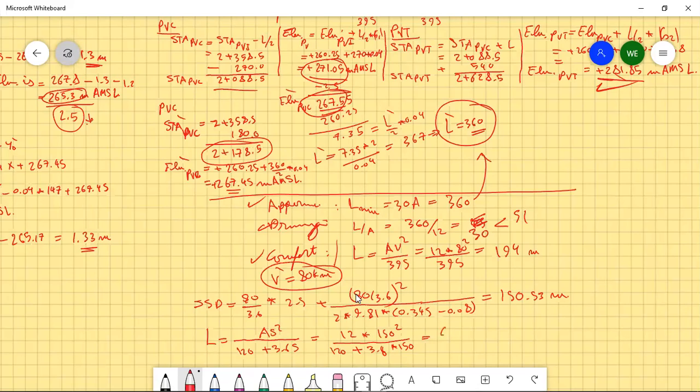So this will give us 409.1 meters, which is slightly greater than 360.